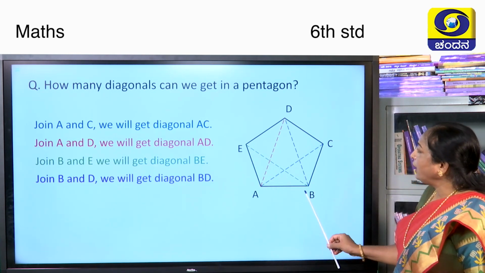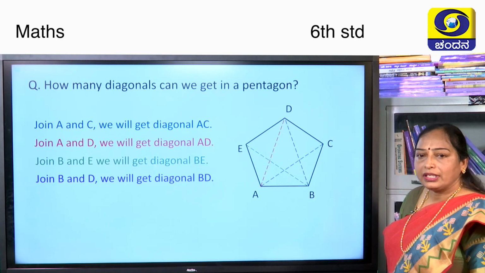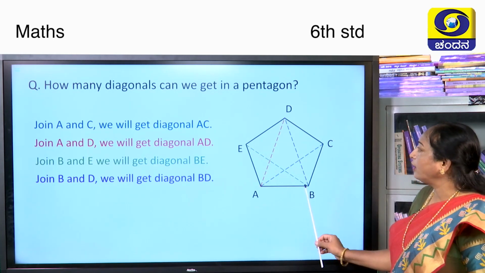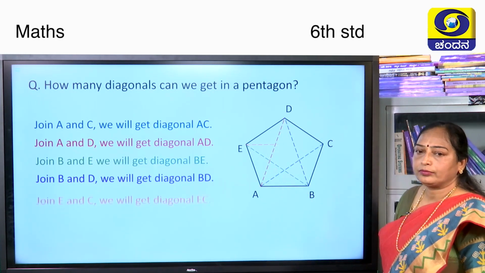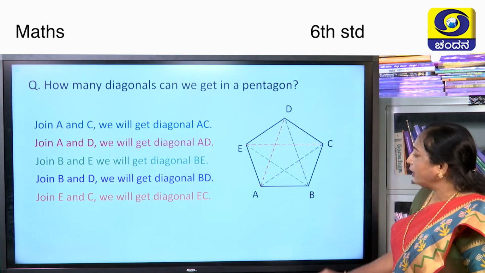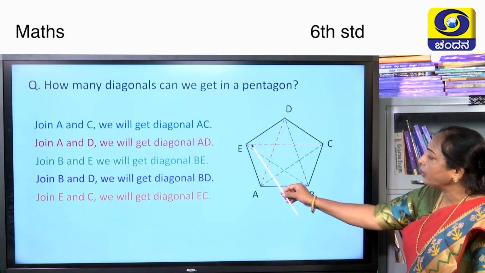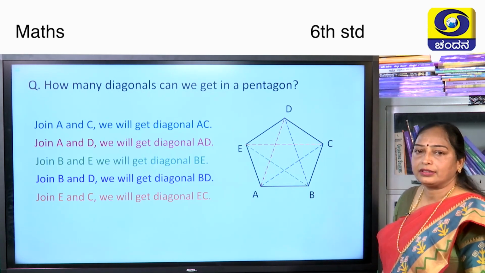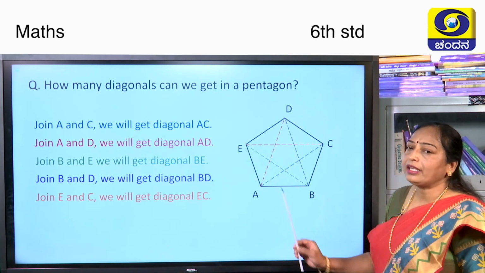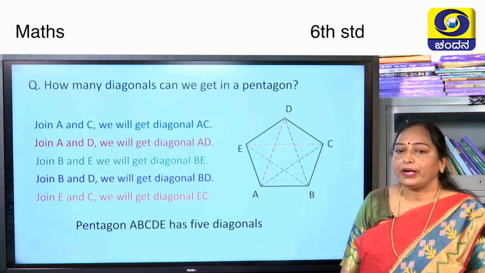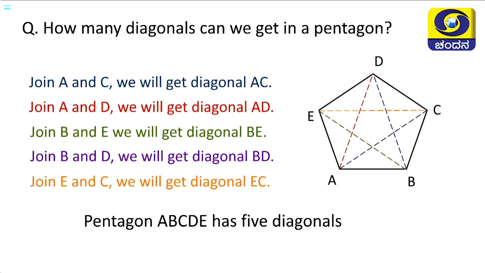Join B and D, we will get the diagonal BD. And join E and C, we will get the diagonal EC. How many diagonals are there in the pentagon? Pentagon ABCDE has 5 diagonals.